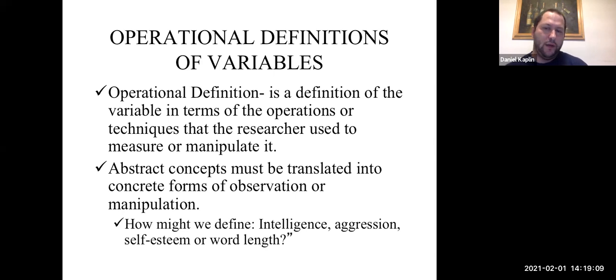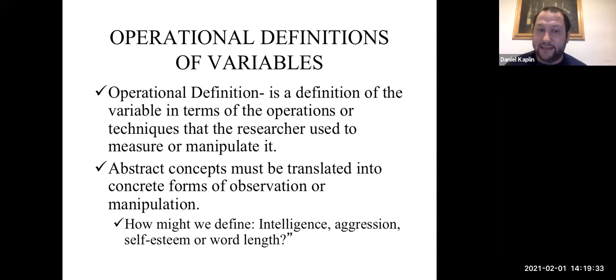What are you going to manipulate? Now, some things are easy to define in terms of operational definitions. For example, we talked about word length. Well, you could talk about word length in one of two ways, and they're both tangible: number of letters in a word or number of syllables in a word.